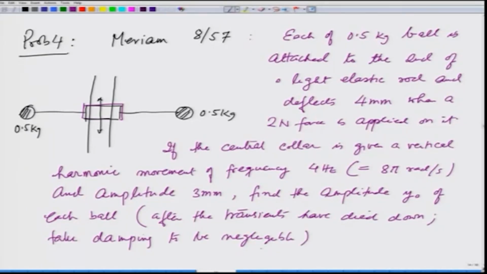When we say damping is negligible, that means it is much less compared to omega square.